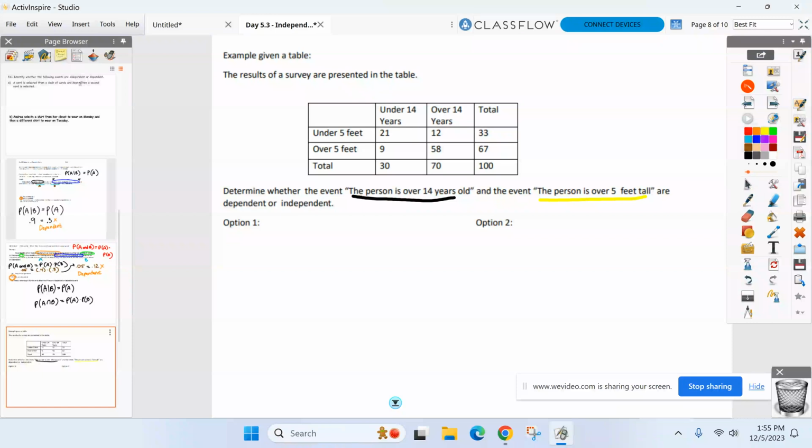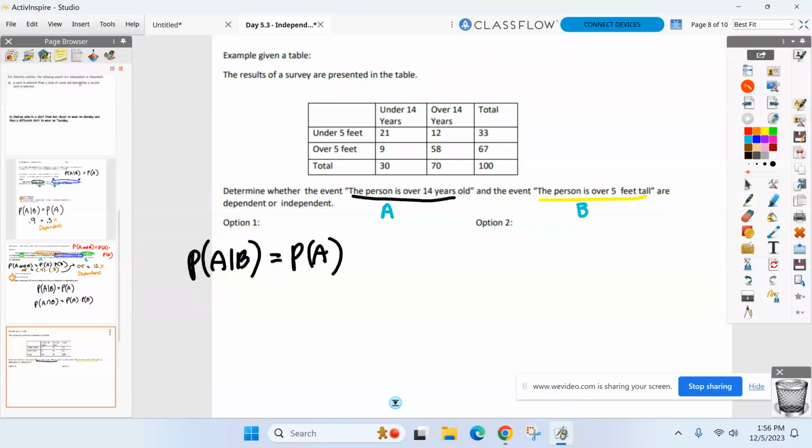Well, let's start by calling them A and B. You will notice here we are going to have to calculate some probabilities on our own. They will not be given to us like they were in the last two examples. So let's go over test number 1. The probability of A given B has to be equal to the probability of A for them to be independent. Find both probabilities and let's compare them.